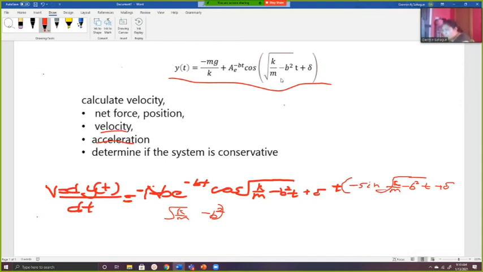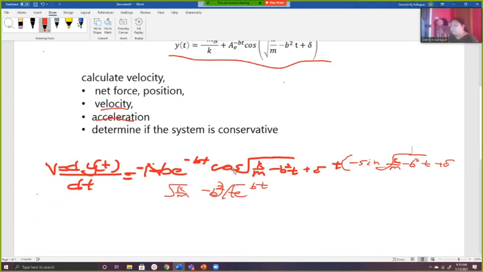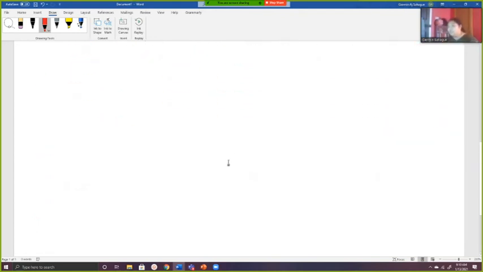If you simplify this using algebraic manipulation, this would be dy over dt.